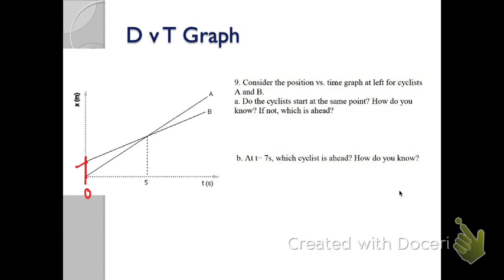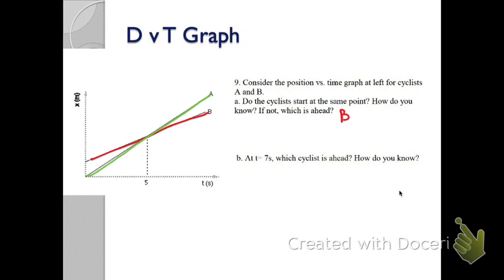So my starting points are not the same. So how do you know? Well, I know because their y-intercepts are different, right? Their starting points are different on the axes. Which of them is starting out ahead of the other? B is starting out ahead, right? This red line is line B. And I'll make it green, this green line is A.